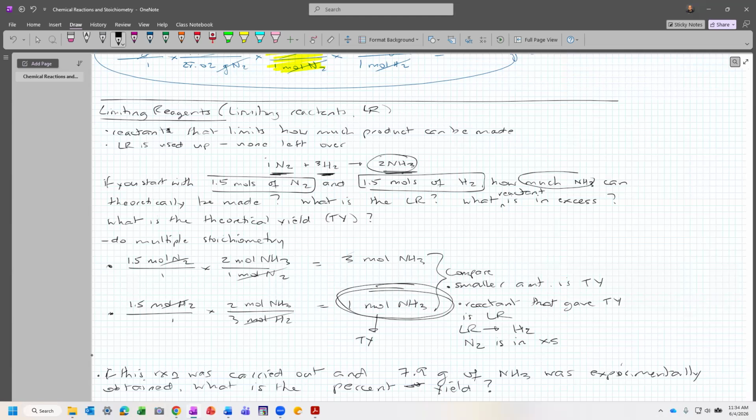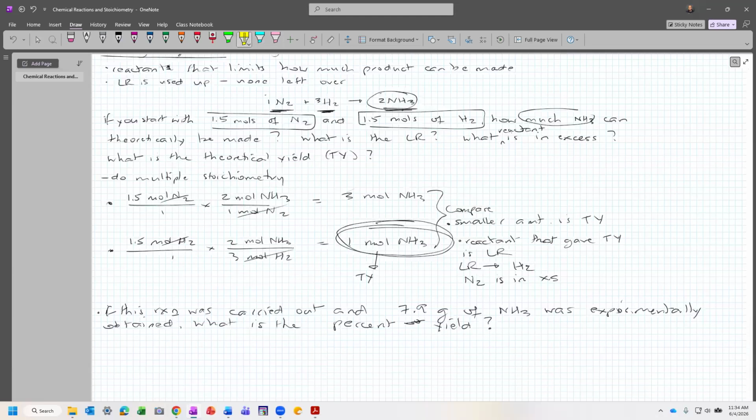Okay, and this is the other concept we need to consider now, the percent yield. So we looked at several of these concepts you would have seen before. We talked about limiting reactant, excess reactants, theoretical yield. The last part of this is the percent yield.